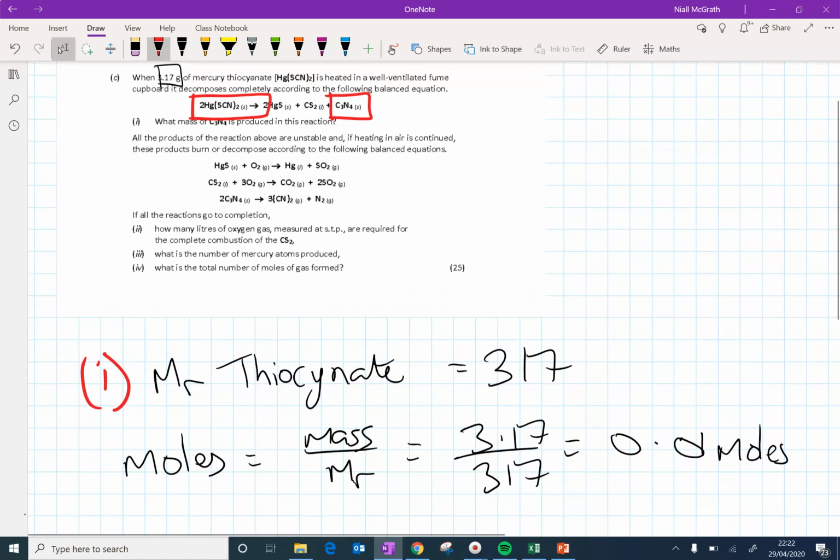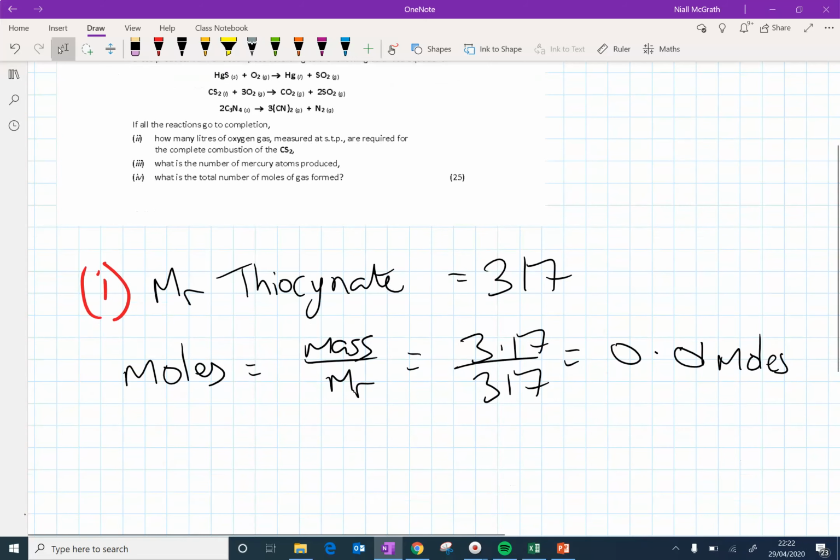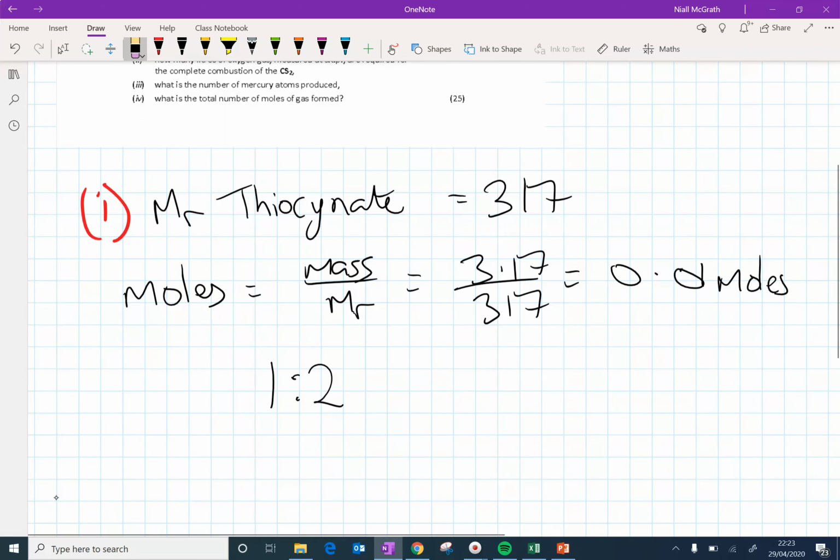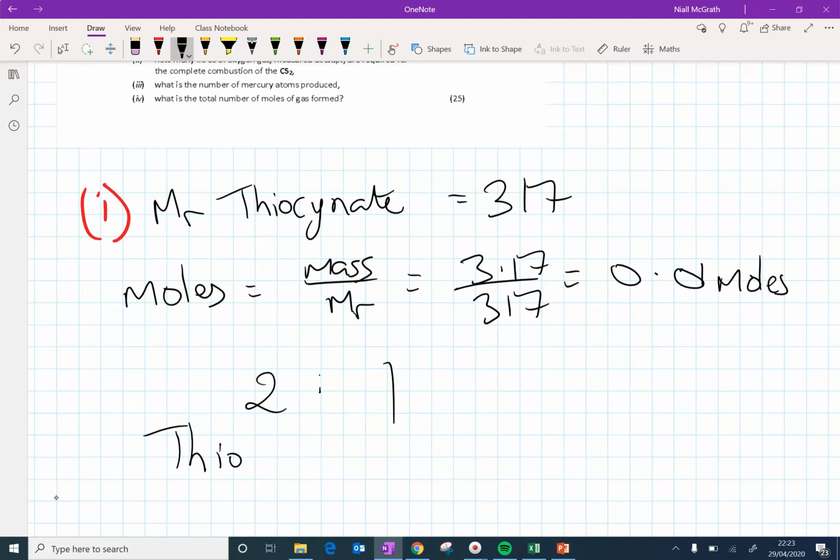If I just go about these, just so it's a bit easier to see, we see then that 2 moles of the mercury thiocyanate, because of that 2 in front, produces 1 mole of your C3N4. So our ratio is 2:1, 2 moles of thiocyanate to 1 mole of C3N4.